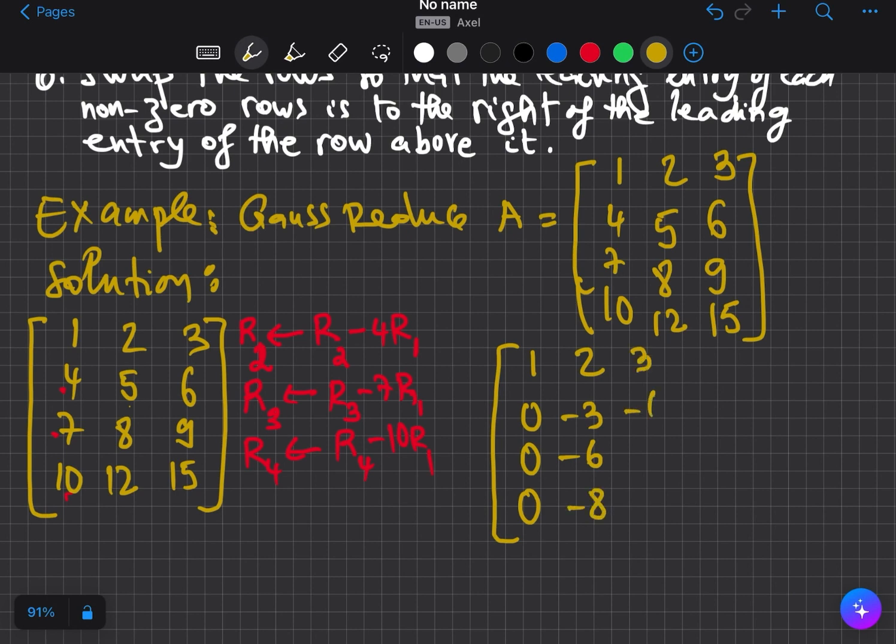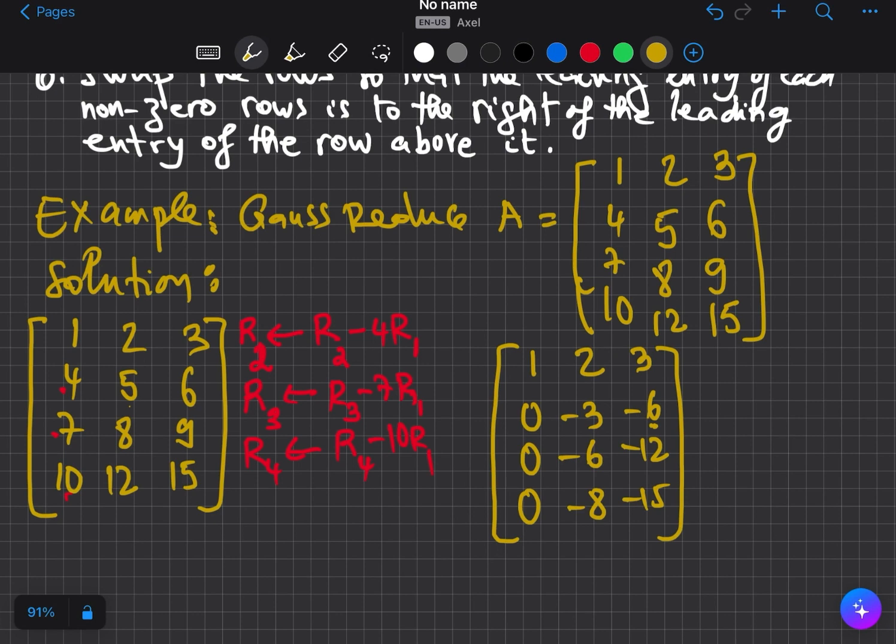I will have 3, minus 6, minus 12, minus 15. I have minus 6 here because I have 6 minus 4 times 3, which is 6 minus 12, minus 6. I have minus 12 here because I have 9 minus 21, and so forth.